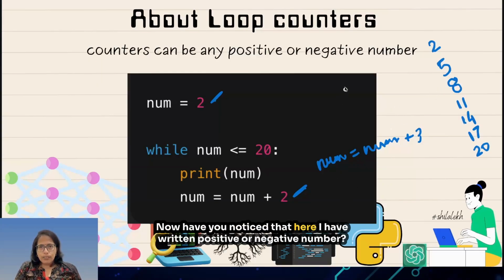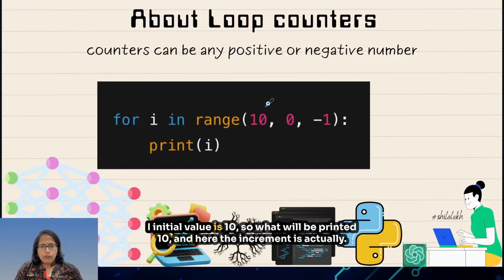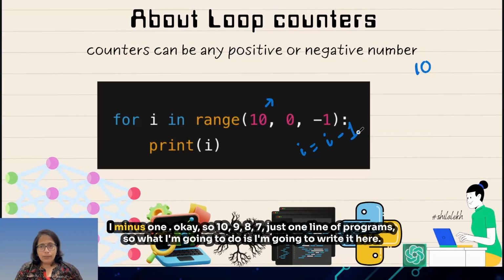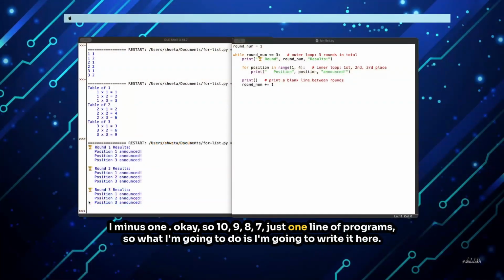Now, have you noticed that here I have written positive or negative number? The initial value is 10. So what will be printed? 10. And here the increment is really a decrement. Decrement is for negative, subtraction. I minus 1. So 10, 9, 8, 7, just one line of program.